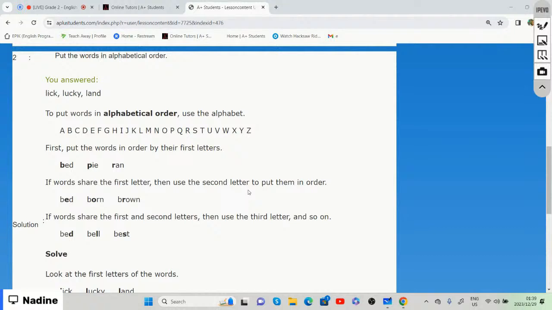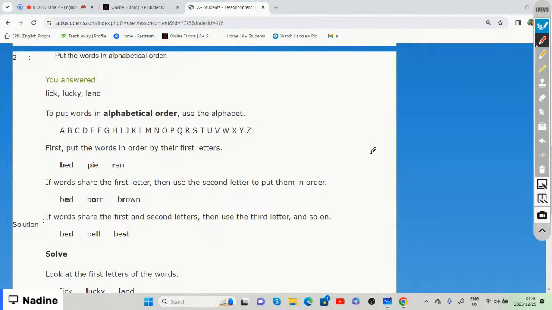And if we put that in order, then it means that all of them start with an L.